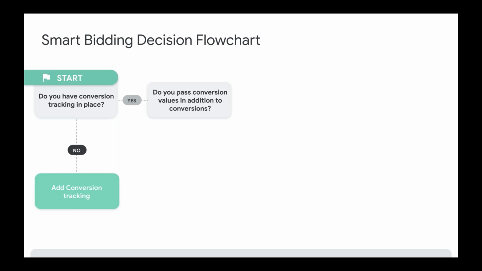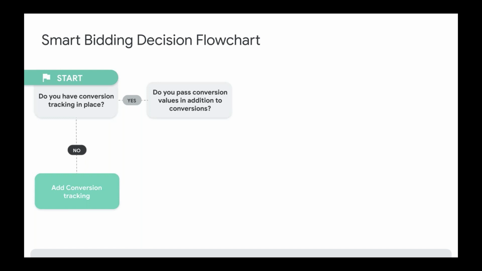Second step is to look at what kind of conversions we are currently measuring. Are we only measuring conversions as a binary, valuing them all the same way, or are we actually splitting up conversions in terms of how much each individual conversion is worth?